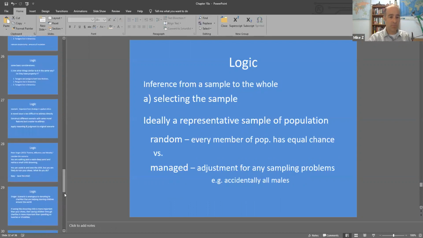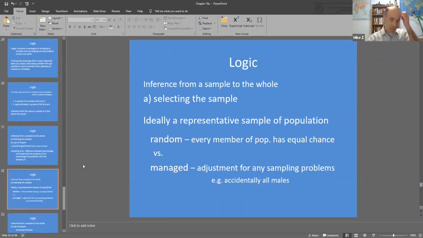So selecting the sample. What we want is a representative sample of the population. Right?